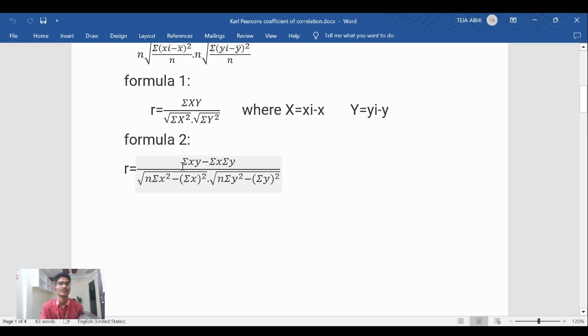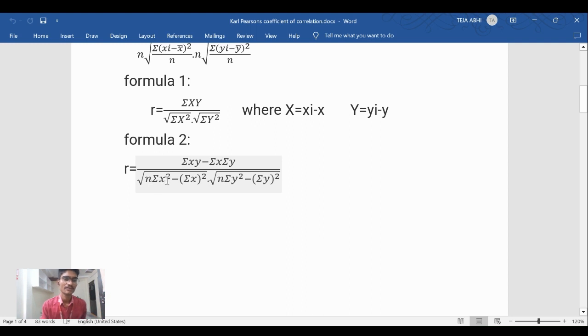And the second formula is the summation of x into y minus the summation of x into the summation of y, by the root of n into the summation of x square minus the summation of x whole square, into the root of n into the summation of y square minus the summation of y whole square. It shows that we have to find the values of x into y and its summation, the values of x and its summation, and the values of y and its summation.